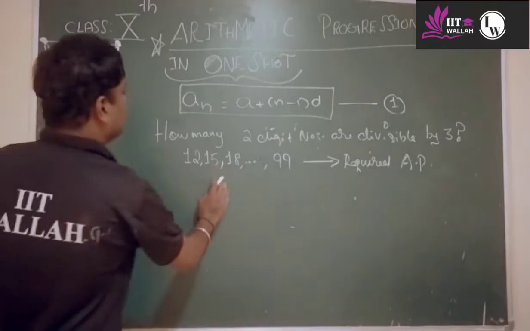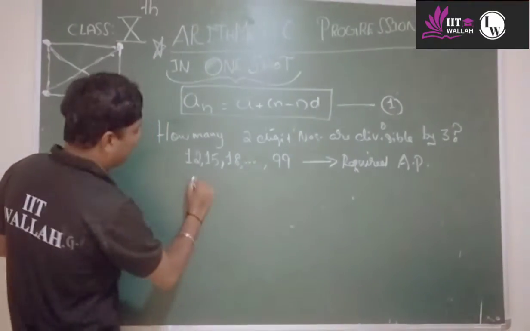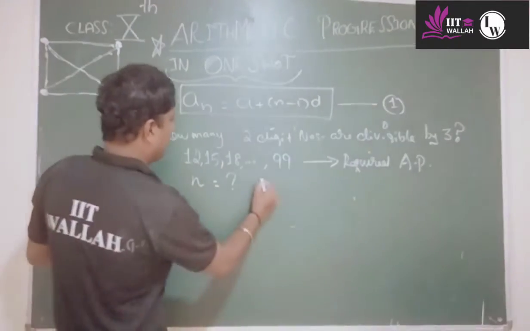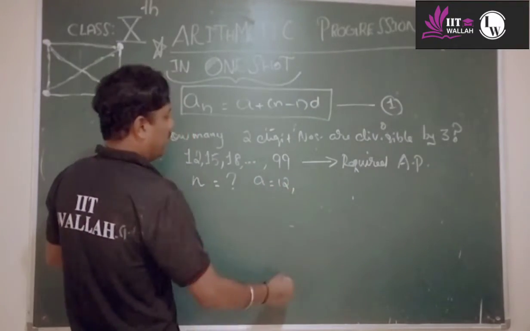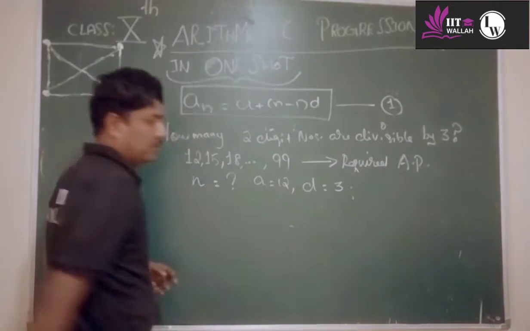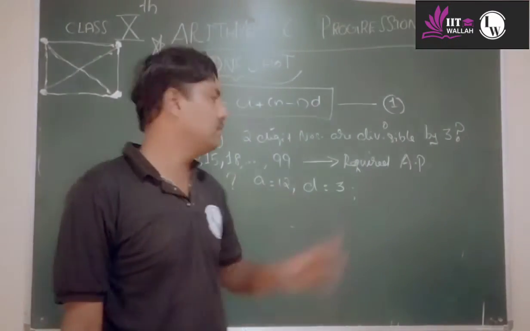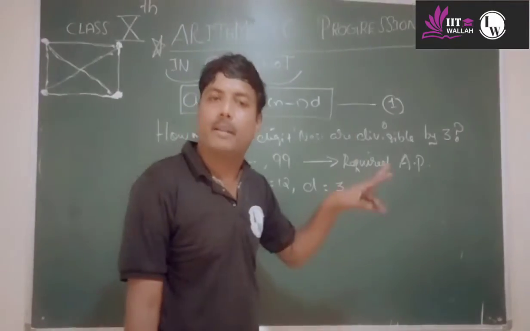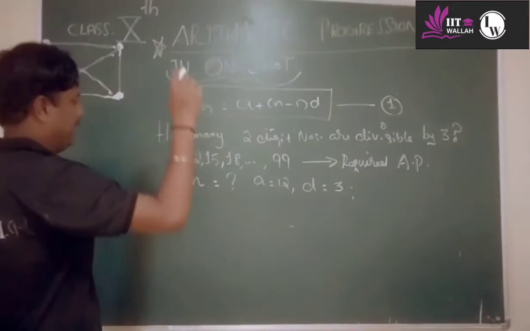So from this, we are going to find n. And a is given as 12 and d is equal to 3, because divisible by 3 means d will be 3. Divisible or multiples of some number means the common difference will be that number itself. So d is equal to 3.